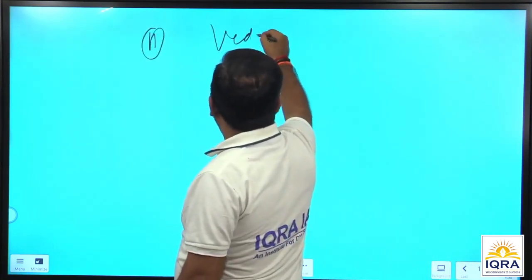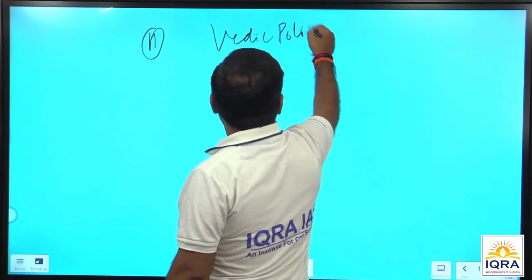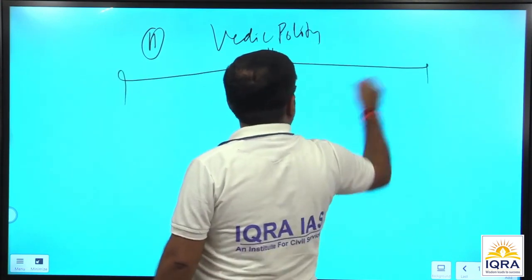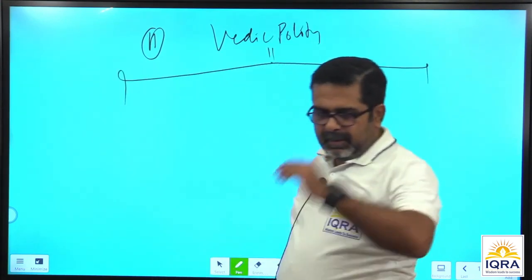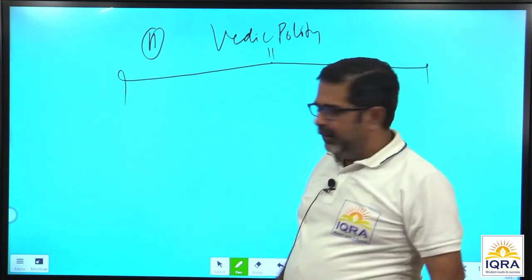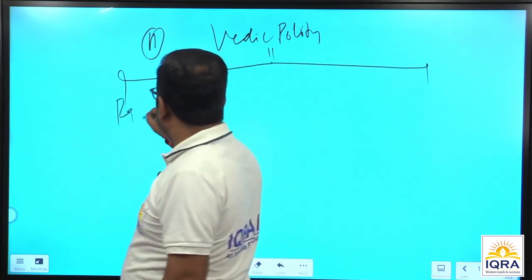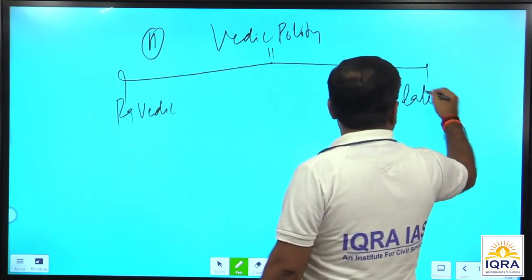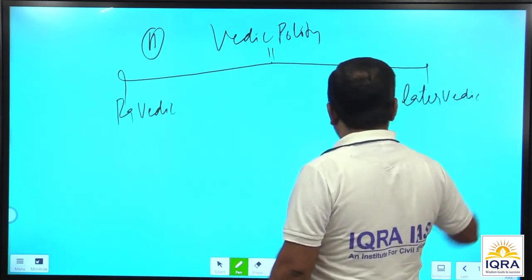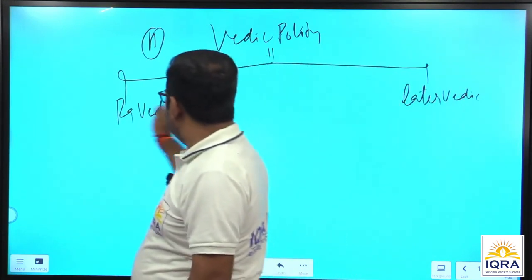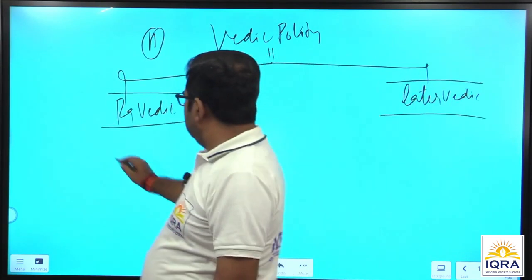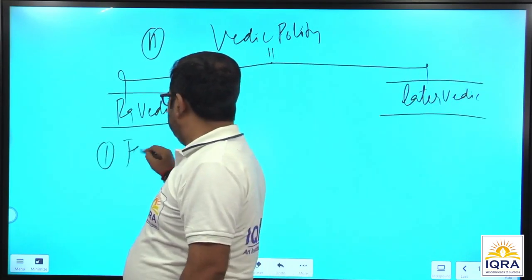Vedic polity. Rig Vedic, later Vedic. Jana-based, tribal polity.